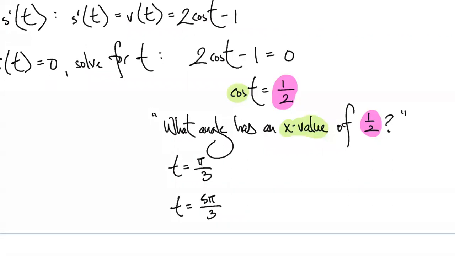But one neat and perhaps sometimes frustrating thing about the unit circle is you can go around the unit circle as many times as you want. If you go around the unit circle one time, how many radians is that?